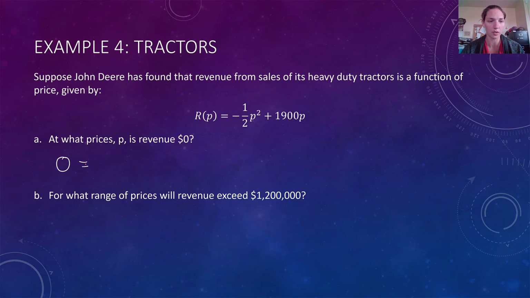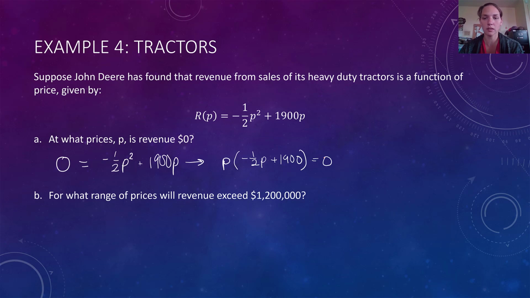So 0 equals -1/2 P squared plus 1900 P. Since 0 is already over there, I'm just going to factor the other side. And I should get P times (-1/2 P plus 1900).